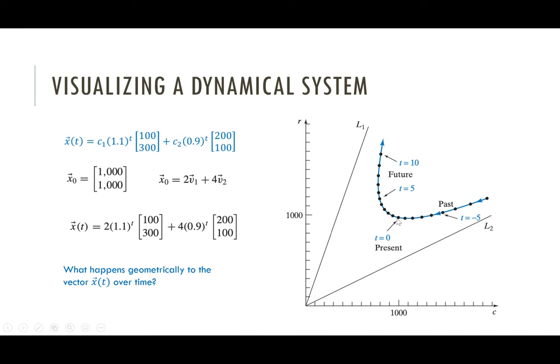And okay, we started here, and if your model works and it makes sense to go back into the past, you can say, all right, I know what this state is at time 0, and if my model is right and works in the past, then 5 years ago, it must have been whatever I'd get when I plugged in t equals minus 5. So, okay, we've got this trajectory of the population here.